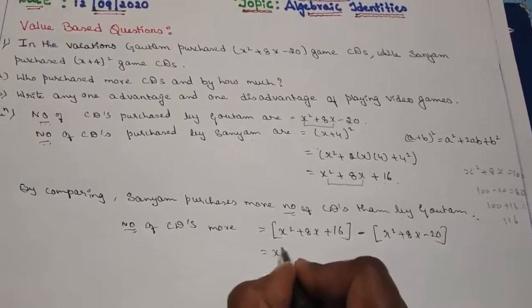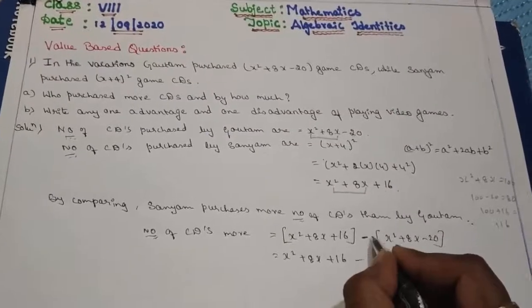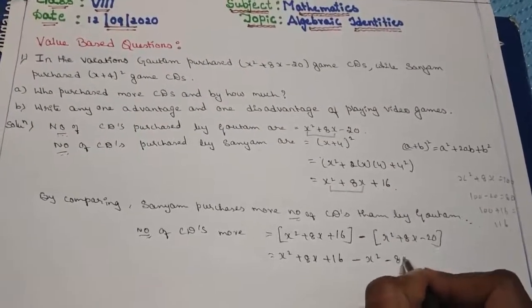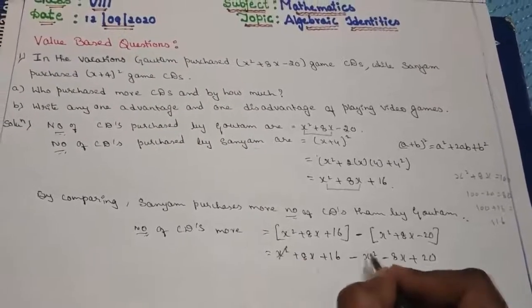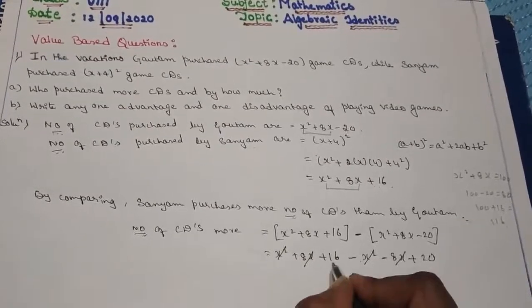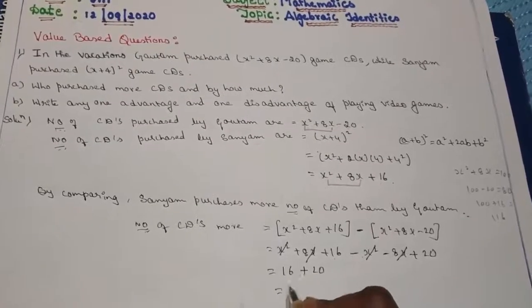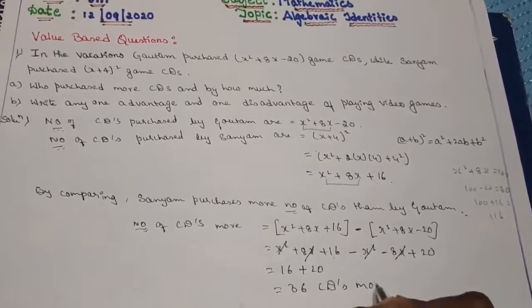Then x square plus 8x plus 16 minus, multiply the minus sign with the trinomial, x square minus 8x plus 20. So these terms get cancelled because of opposite signs. Left over is 16 plus 20, which equals 36 CDs more.